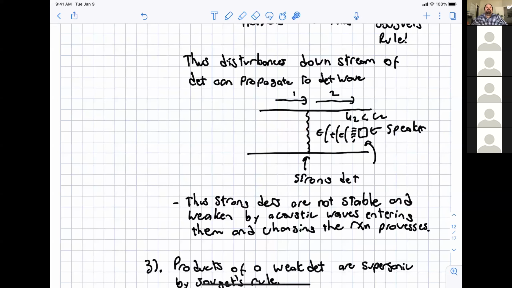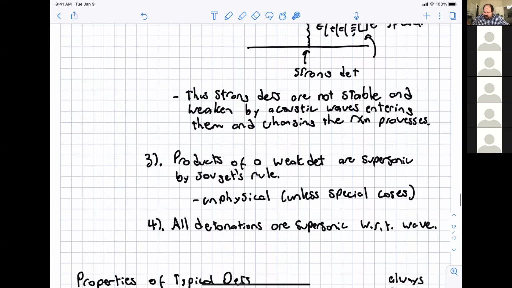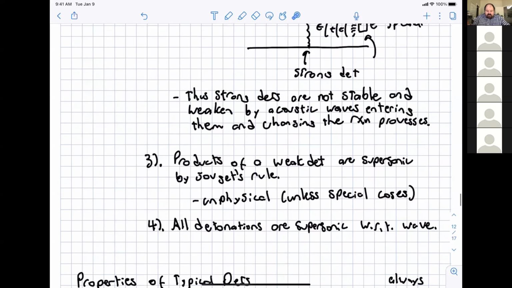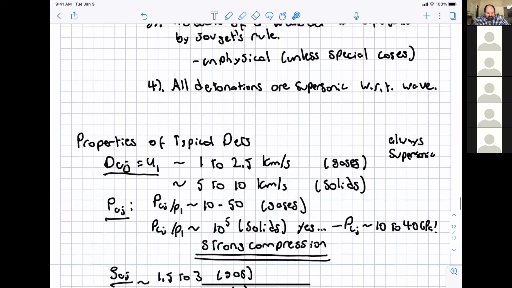For a gas, that'd be about a Mach 5 wave propagating into the gas. So all detonations are supersonic, and that can also be proven. I'm not going to prove that for this class. That is also another lengthy proof.